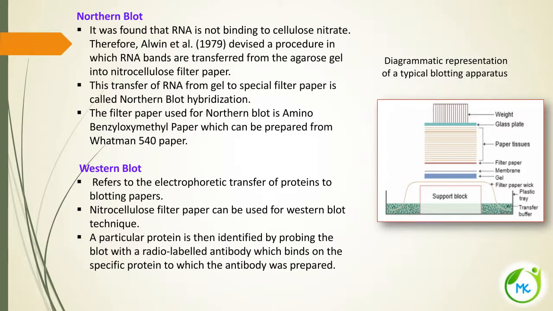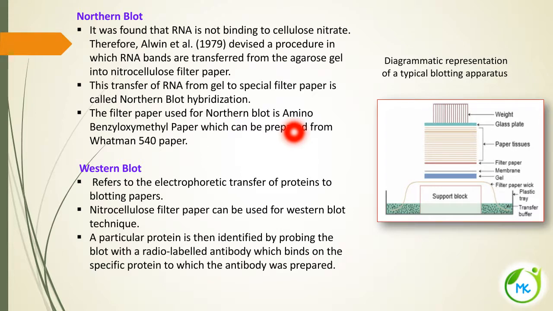This northern blot was devised by Alwine et al. He devised a procedure where the RNA bands are transferred from the agarose into a special filter paper. That special filter paper used for northern blot is referred to as amino benzyl oxymethyl paper.